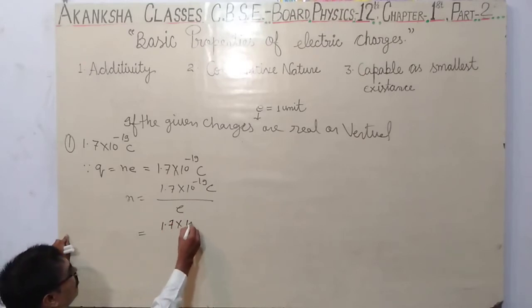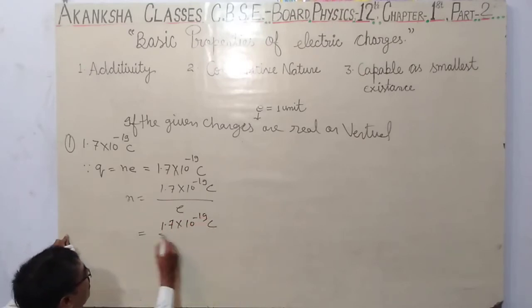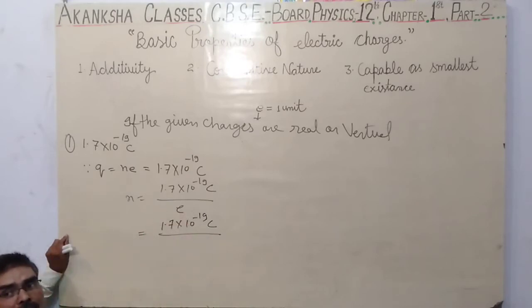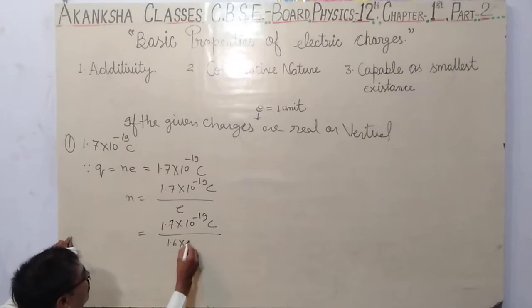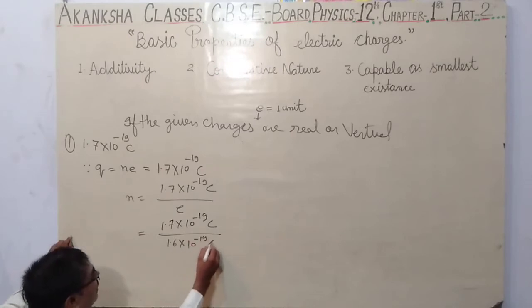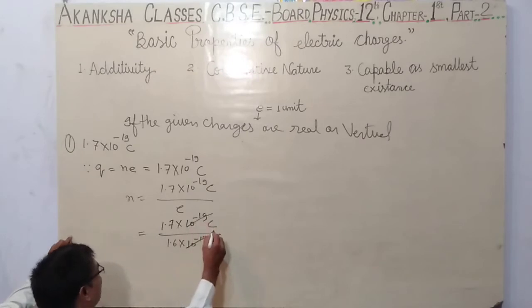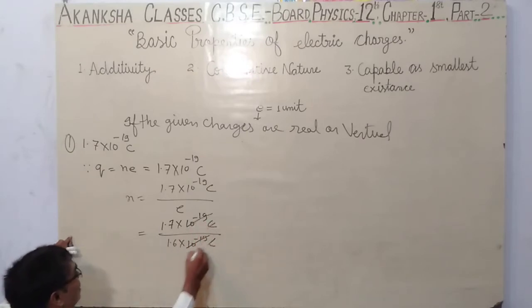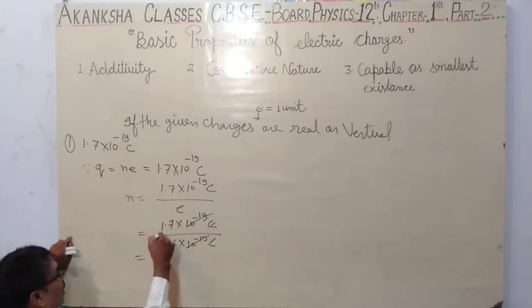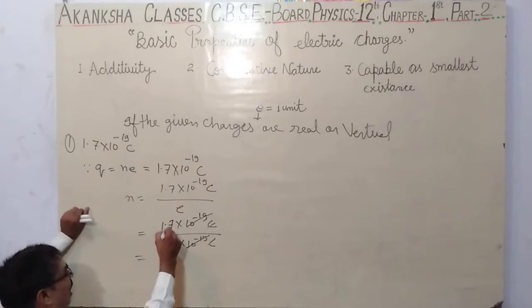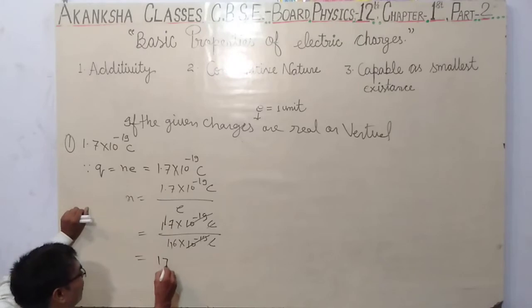The 10 power minus 19 coulomb will be cancelled by the rule of cancellation, and if we remove the decimal of numerator as well as denominator, we will get 17 by 16.